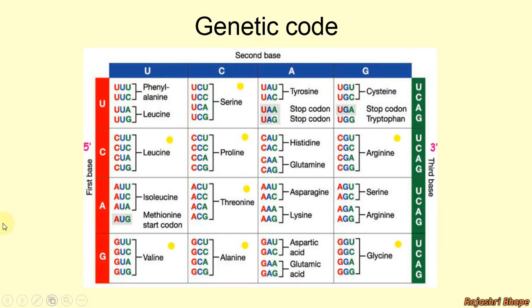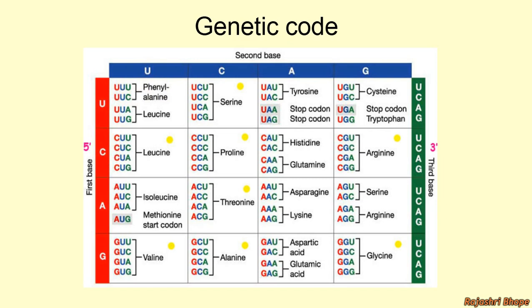This is the genetic code. The code is a trinucleotide sequence, that is, a triplet. Each triplet codes for one amino acid. The combination of three nucleotides present on the mRNA dictates one amino acid.